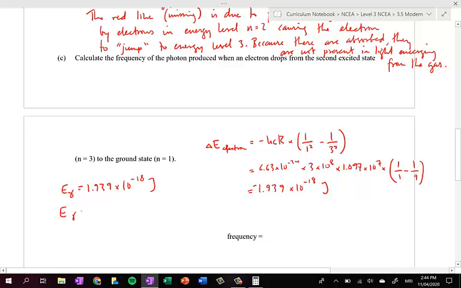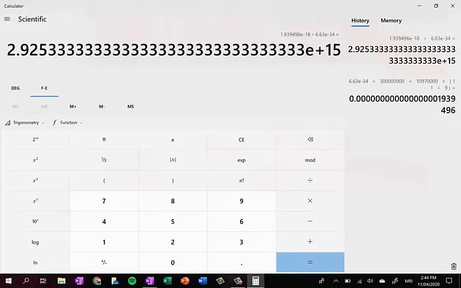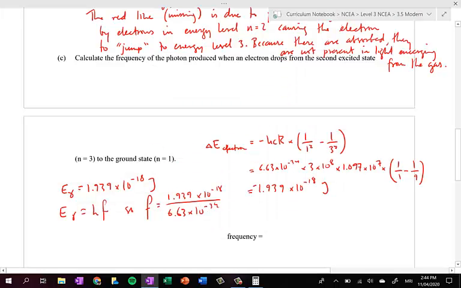But we also know that E photon is hf. So f is equal to 1.939 times 10 to the negative 18 divided by 6.63 times 10 to the negative 34, which gives us 2.93 times 10 to the 15 hertz.